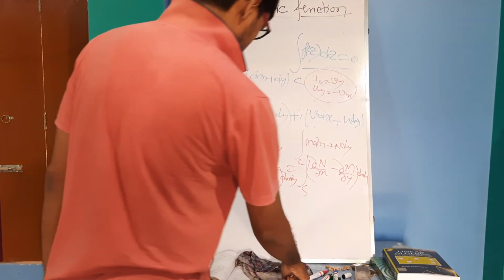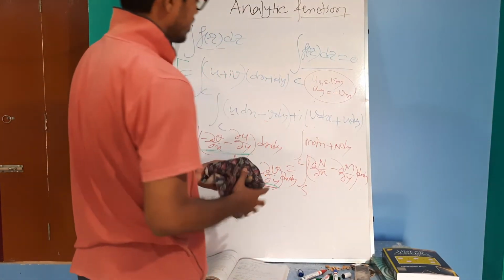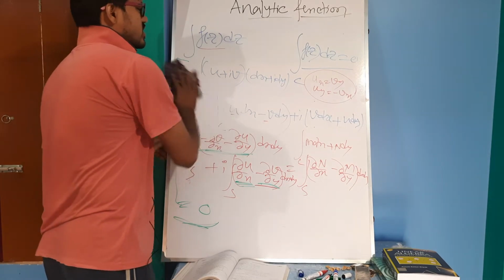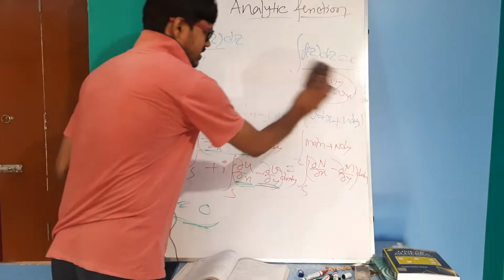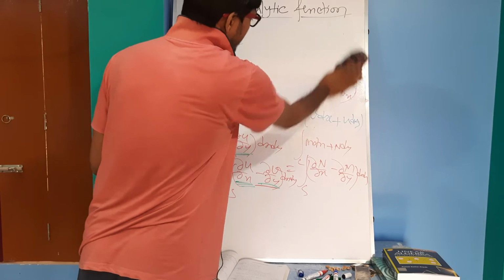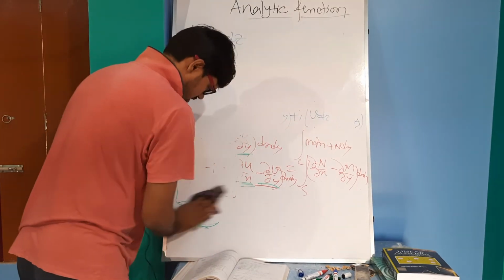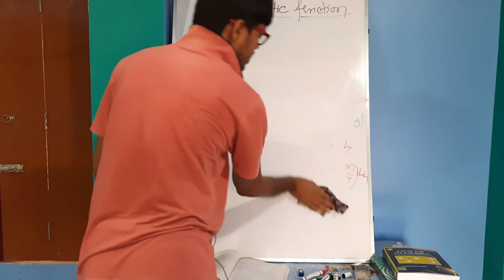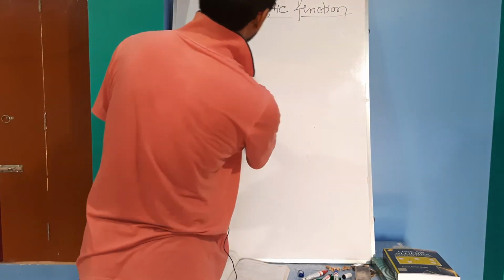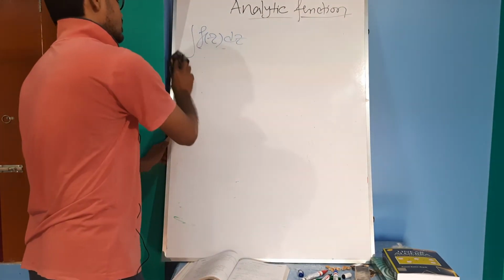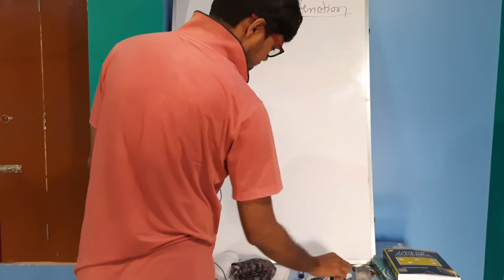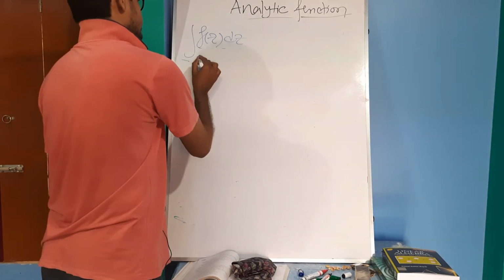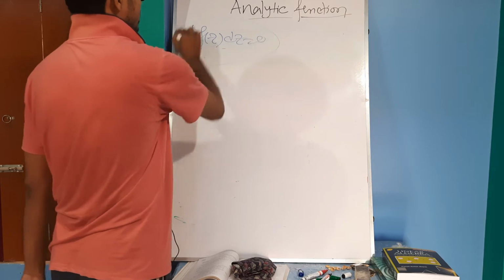Now what are the extensions of this? The Cauchy-Goursat theorem relaxes the second condition; continuity of f dash z is not required, and he also proved it. So simply, if the function is analytic on a closed curve, the integration will be 0.